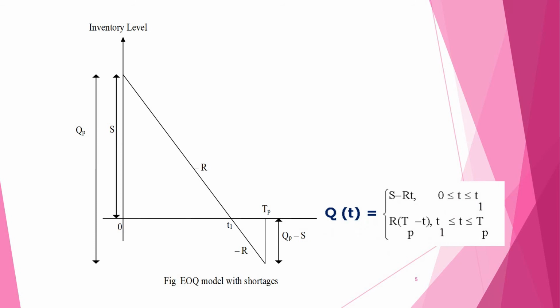So the solution of the differential equation is Q of T equal to S minus R into T between 0 to T1, and R into TP minus T between T1 to capital TP.